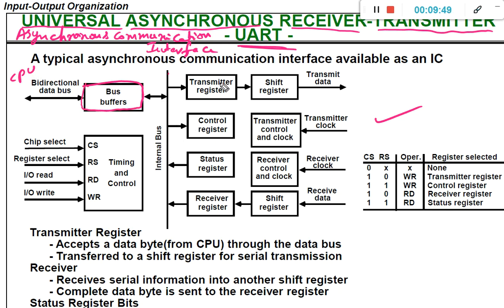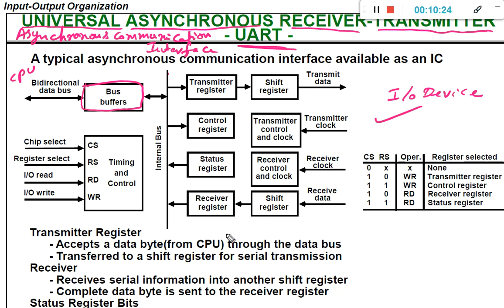There will be a transmitter register and shift register, which is going to transmit the data to the IO device. There will be a control register, transmitter control and clock, and a status register, receiver control and clock. And there will be a receiver register and shift register, which is going to perform the receiver operation.